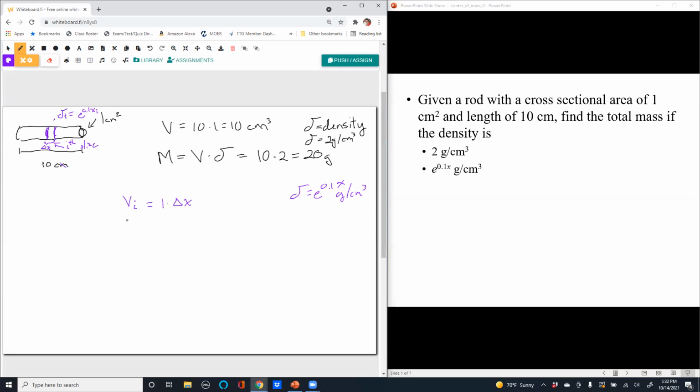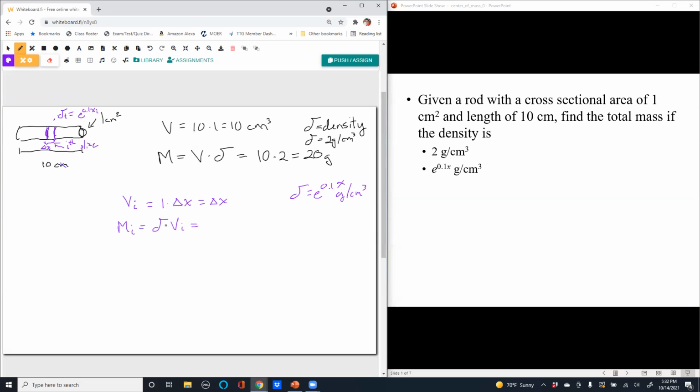Okay, now let's talk about the mass of the ith slice. These are steps that we're going to be doing on Tuesday too. So 1 times delta x, we would just write that as delta x. Okay, so we'll simplify that. Now the mass of the ith slice is the density times the volume of the ith slice.